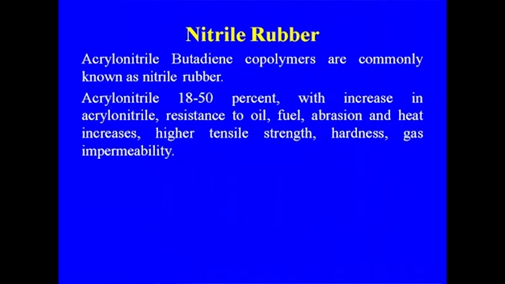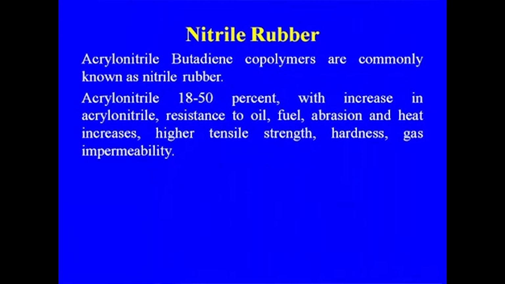Acrylonitrile content is 18 to 45%, and with an increase in acrylonitrile, the resistance to oil leakage, which matters in oil sealing, is very high in the case of nitrile rubber. So, the resistance to oil, fuel, abrasion and heat increases, along with higher tensile strength, hardness, and gas impermeability. If you are increasing the acrylonitrile content, the effect will be more resistance to oil, fuel, abrasion and heat.